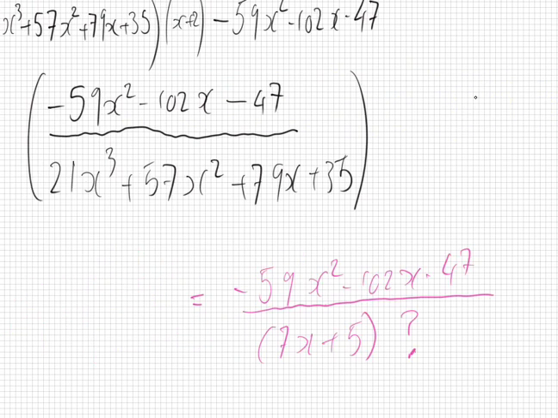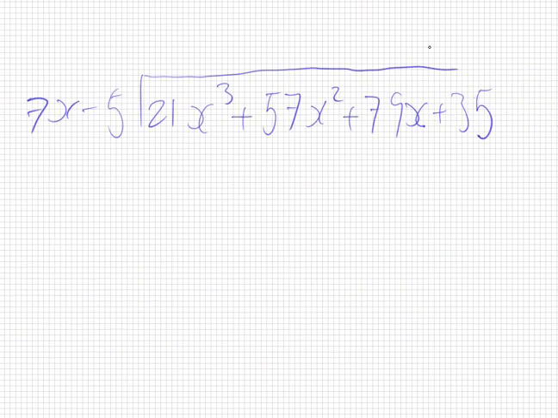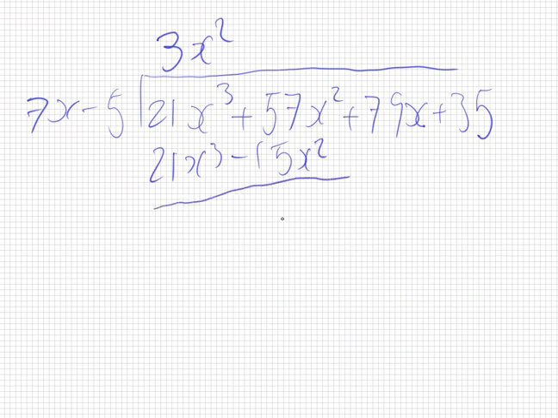Seems like it. Alright, so what do I have first here? 3x squared. 21x cubed minus 15x squared. I subtract. 72x squared. Yeah? 57 minus 15? Yeah. And now what do I have next?